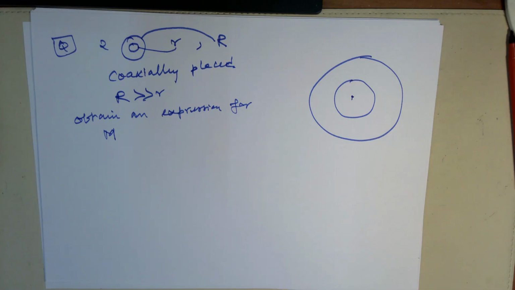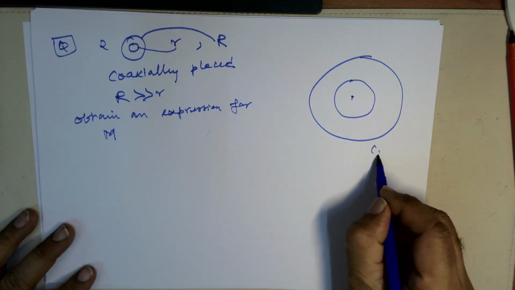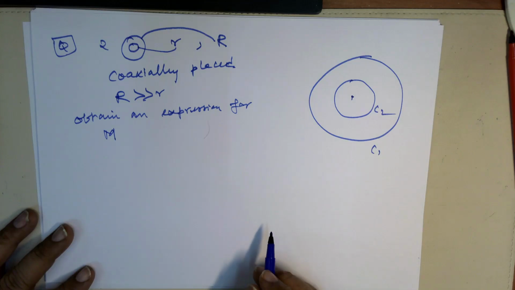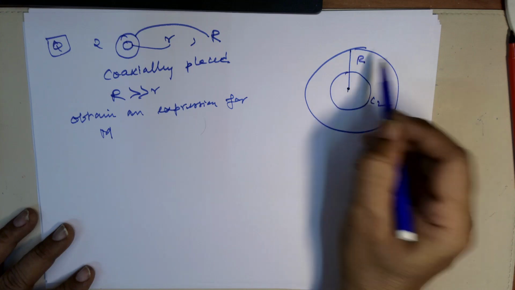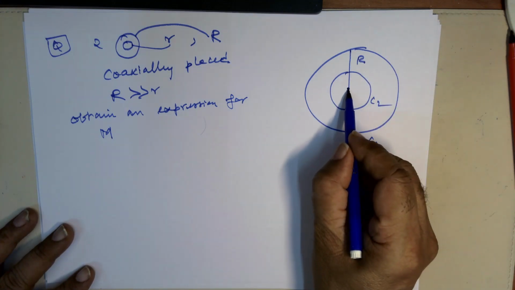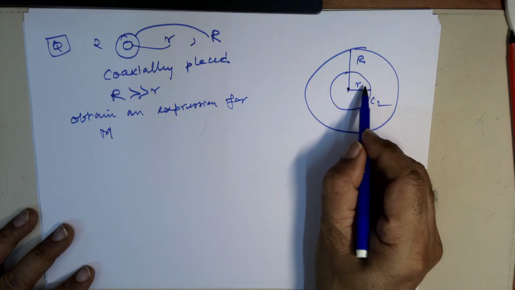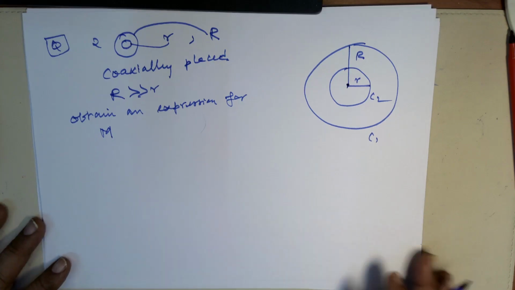So you can draw these coils coaxially placed. So they've got the common center. Let me call them C1, C2. The radius of C1 is capital R. The radius of the smaller coil C2 is smaller.